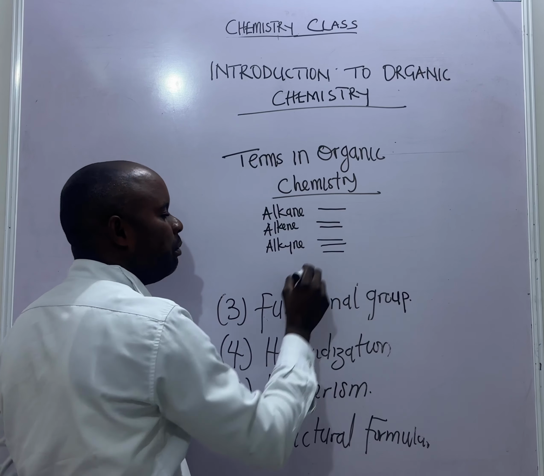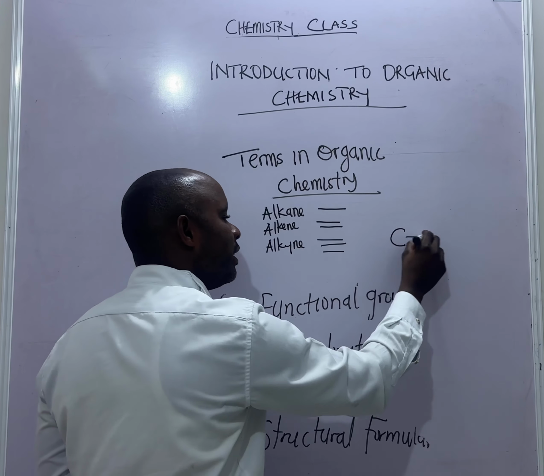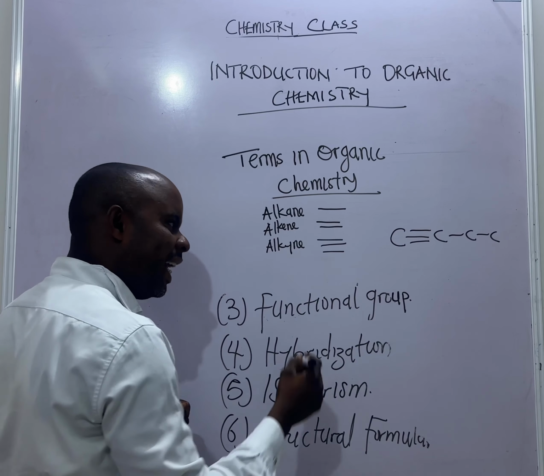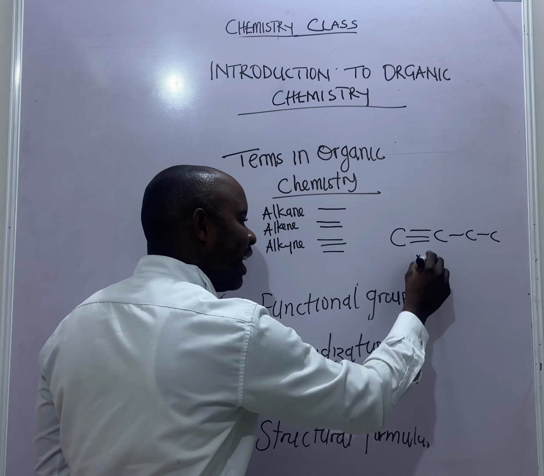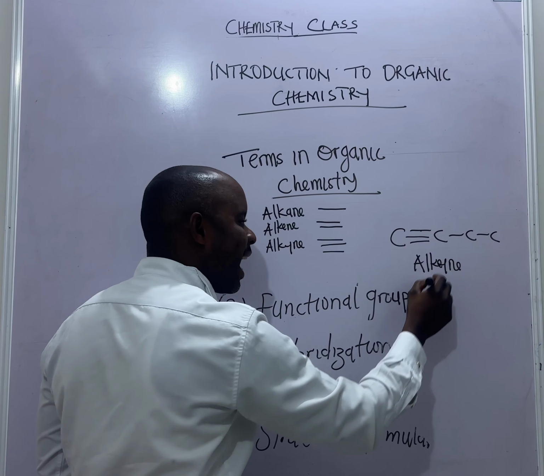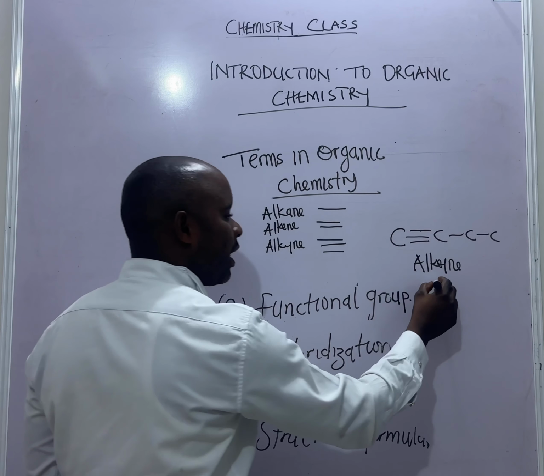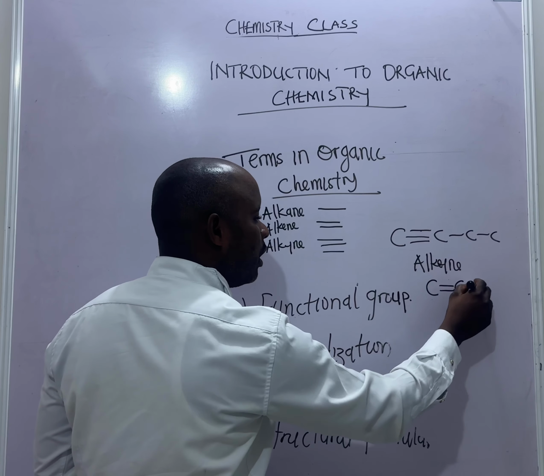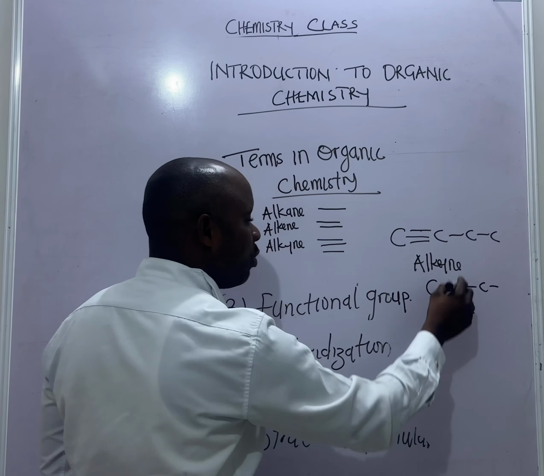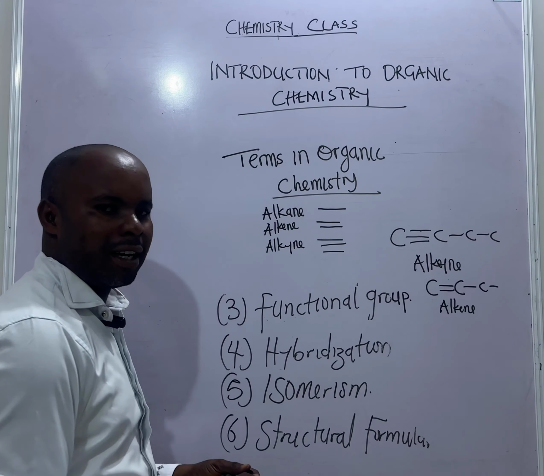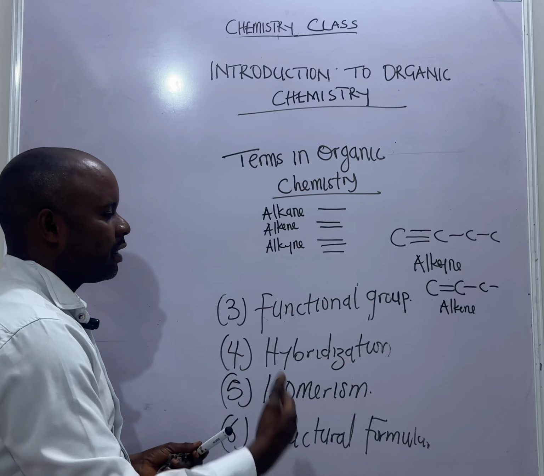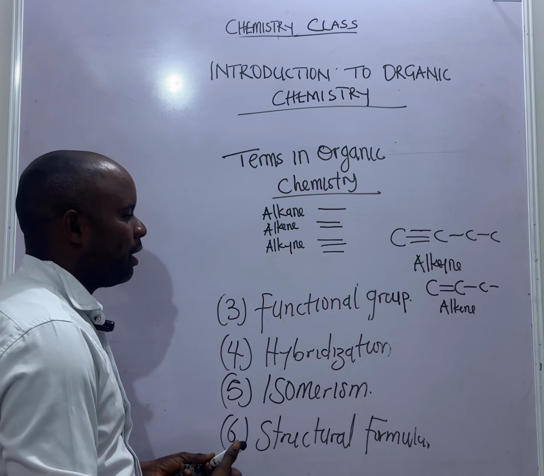If I have a compound with a double bond, I'm talking about the alkene family. So this is just like our surname in a classroom, for instance. It tells us the group of each of these organic compounds that we have.